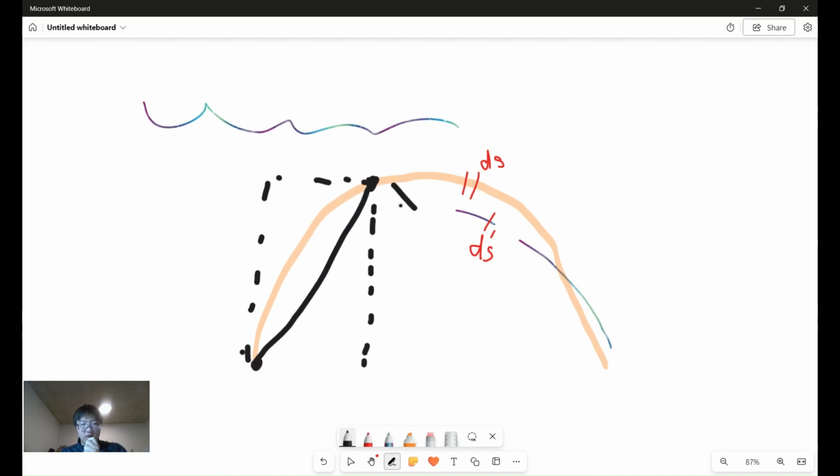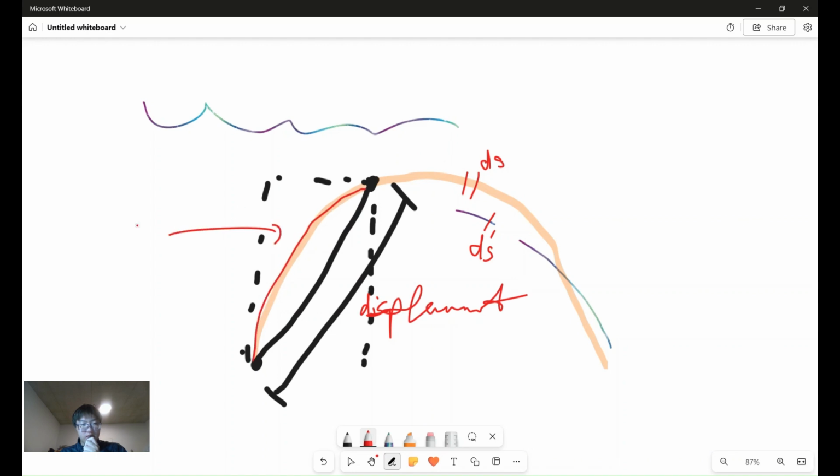Over here, this distance is what we call displacement. This arc length over here is what we call arc length, or actually distance technically, for a projectile motion thing.